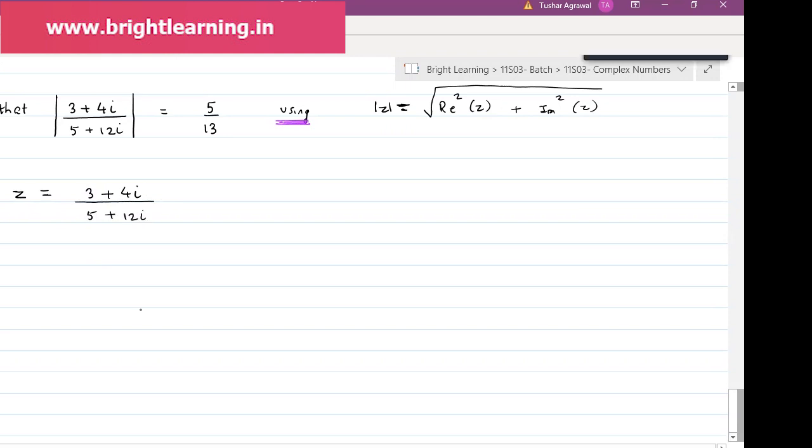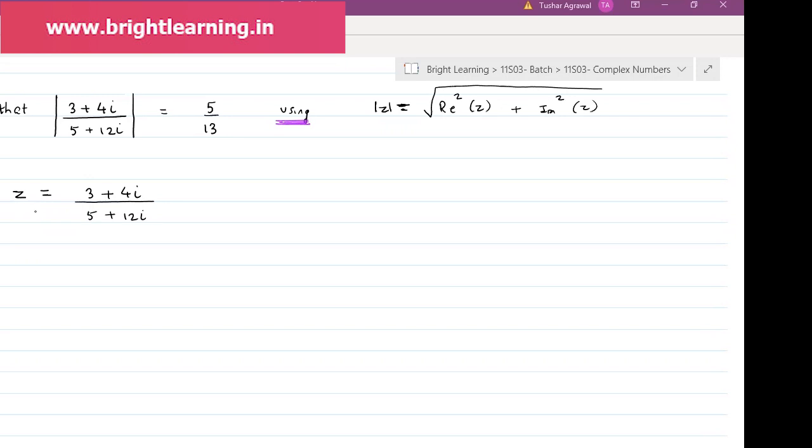This is your z. As it is given in this form, do you know the real part of this z? As of now it is unknown. The imaginary part of z is also unknown, because z is not given to us in the standard form: real number plus i times a real number.